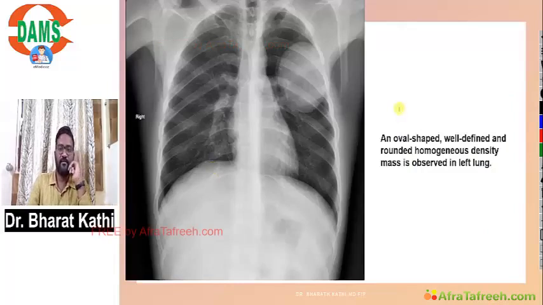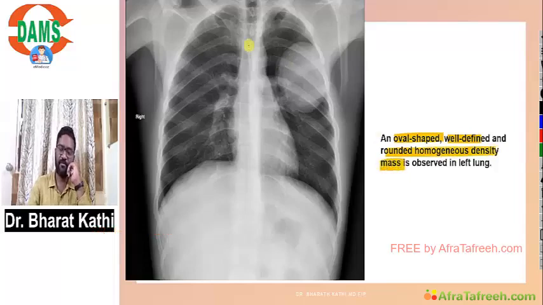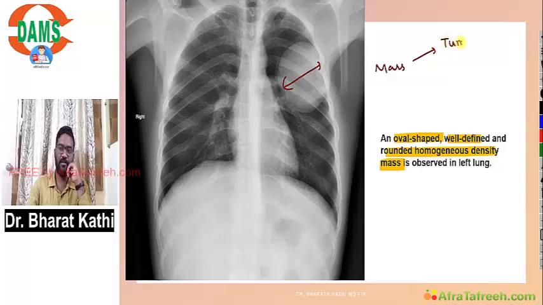Now what is this? This is an oval shaped, well-defined, rounded homogeneous density, very big. So it is a mass. Whenever there is a big mass, you can think of mostly tumor: tumor in the lung, tumor in the pleura.